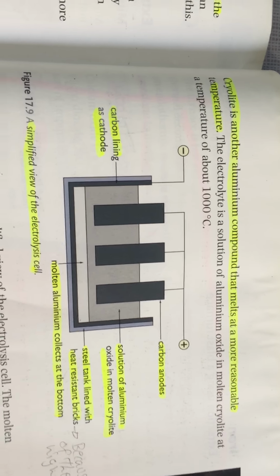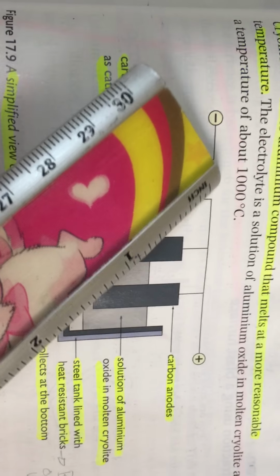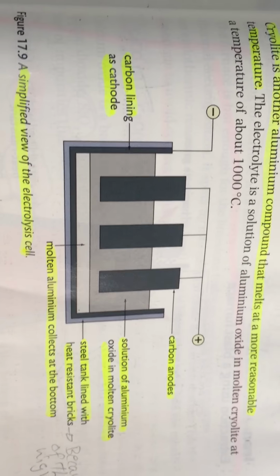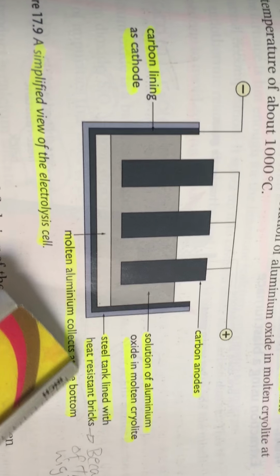Here, as you see, we have a steel tank lined with heat-resistant brick. Why heat-resistant brick? Because we use a temperature of about 1000 degrees Celsius. This brick is lined inside with carbon.